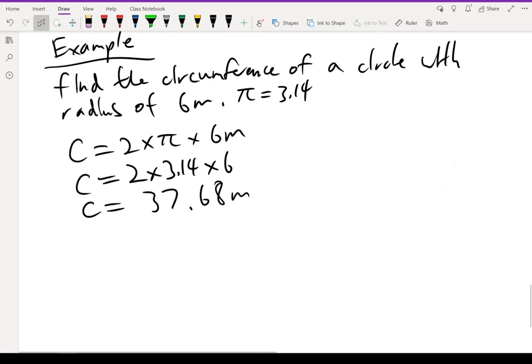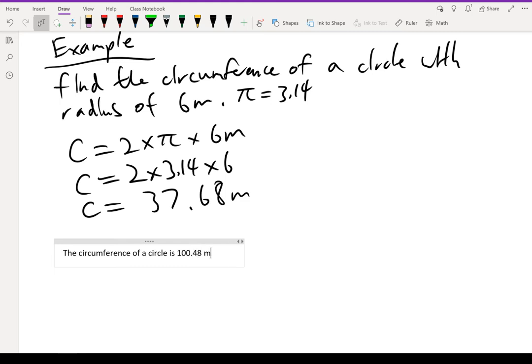Now, sometimes the question will tell you to find the radius when given the circumference. So this is example 2 of our circumference. The circumference of a circle is, let's say, 100.48 meters.